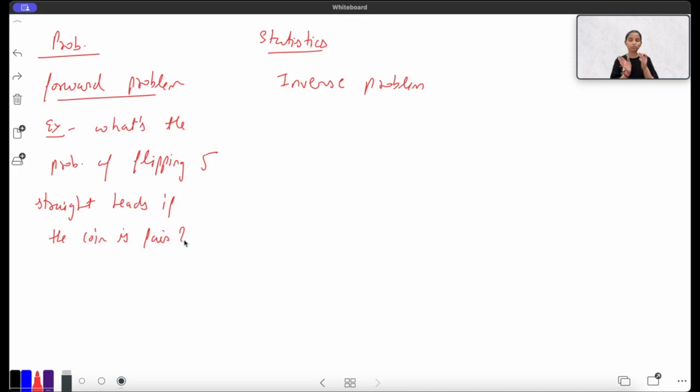So in these probability problems we already know how the data have been generated, how the data have been collected, but statistics is just the inverse of it, because in statistics we use data to learn about the data gathering mechanism.